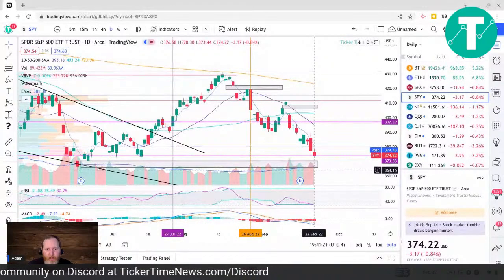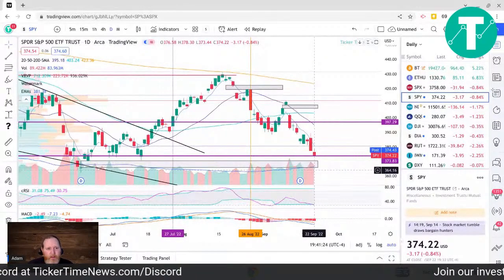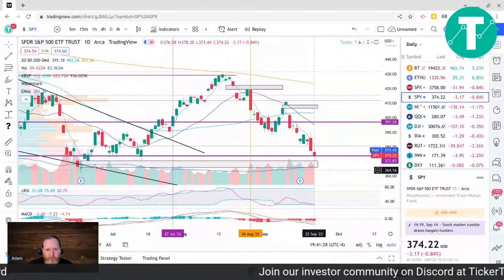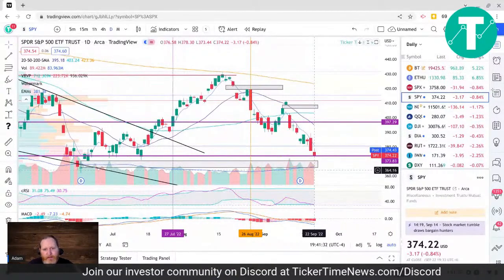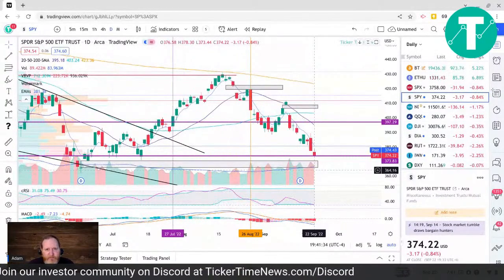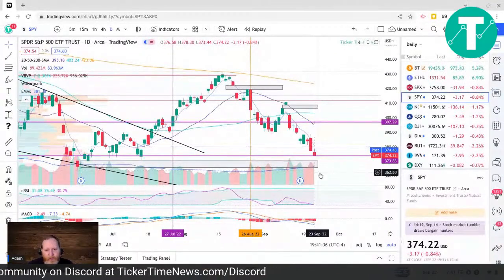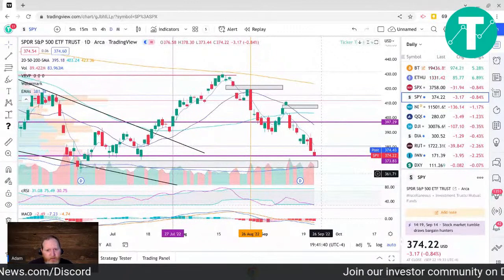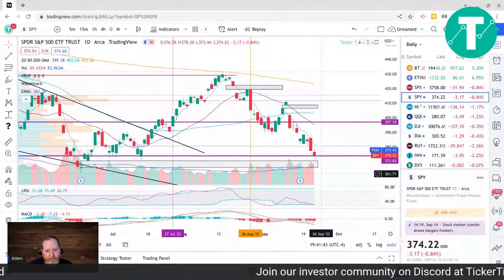I know, right? Today, though, it was 89 million. So that volume came down pretty hard from yesterday, but the average volume is 83. So it is at least above average volume for the SPY. That's good. The RSI is at a 30 here. So that's a little bit better than the SPX.